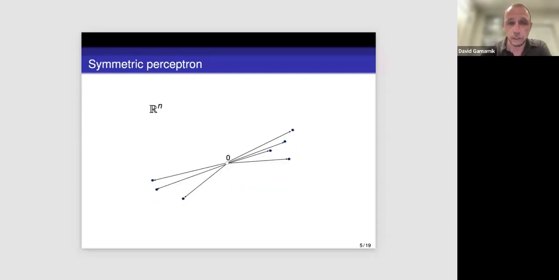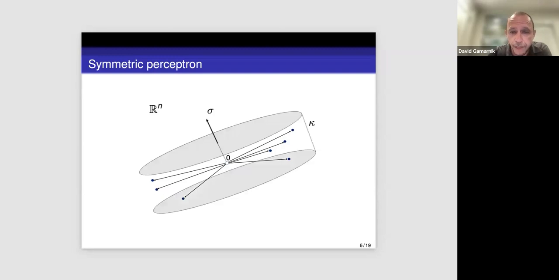Instead, our model looks something like this. Suppose you have a bunch of data in n-dimensional Euclidean space, and your goal is to find a vector which is as orthogonal to all of these vectors as possible, if that's possible. So here you're trying to find a quote-unquote classifier sigma, and this vector needs to be orthogonal to the data, and kappa denotes the margin of error.